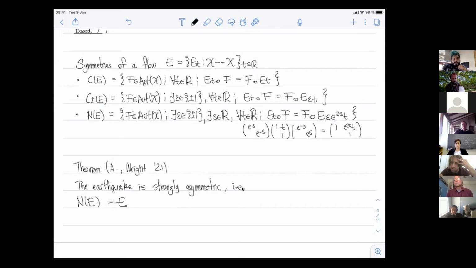That doesn't have to be a topological conjugacy. I guess that's more called orbit equivalence sometimes. Orbit equivalence, okay. You have some way of mapping the orbits of one to the orbits of the other. Okay, so that's weaker. And are these two flows orbit equivalent at least, or is it a different question?